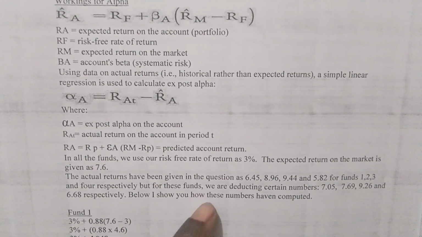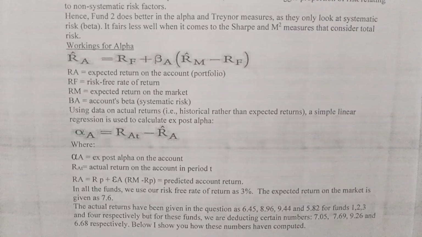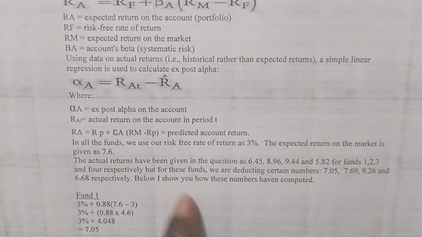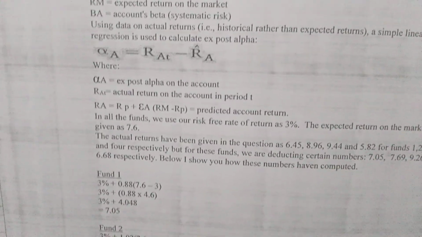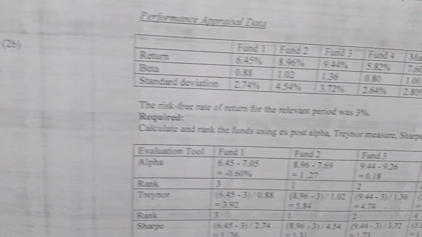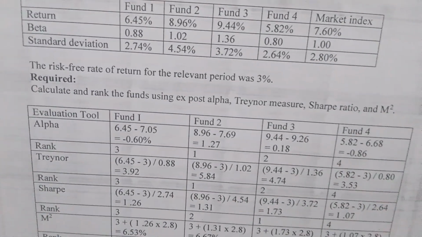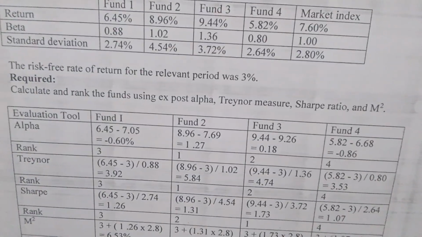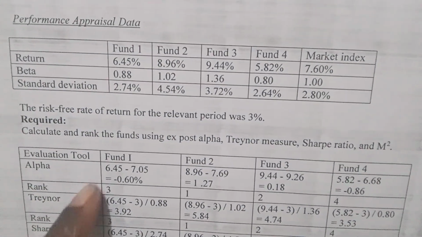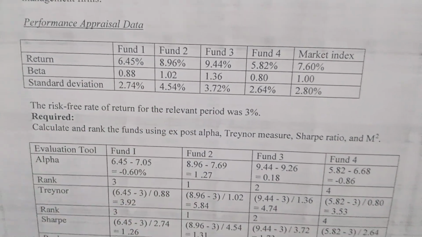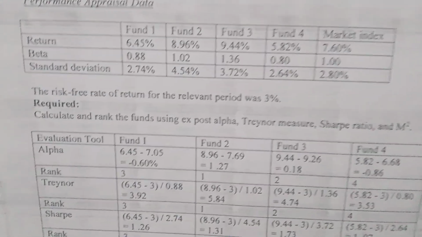So you can pause your video and study what we have tried to explain here. Now, since we are saying that alpha will be taking 6.45, which is the return, then minus, what are we minusing?